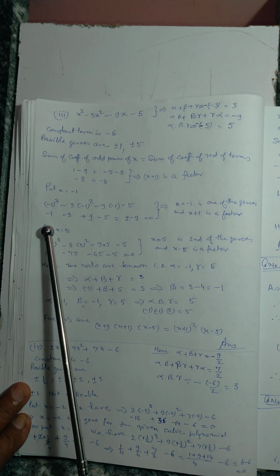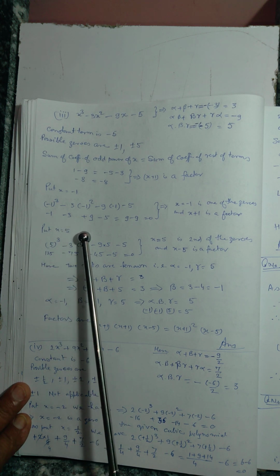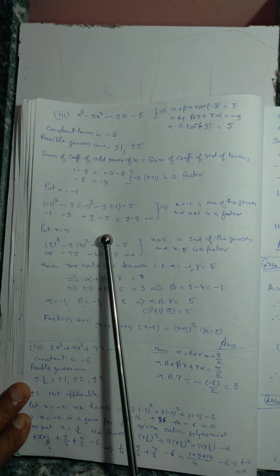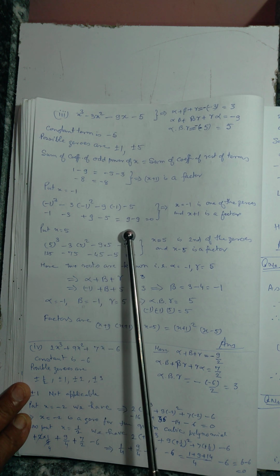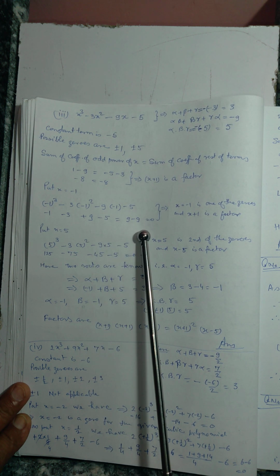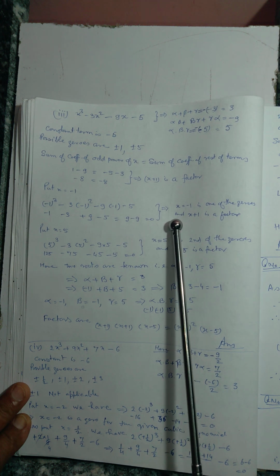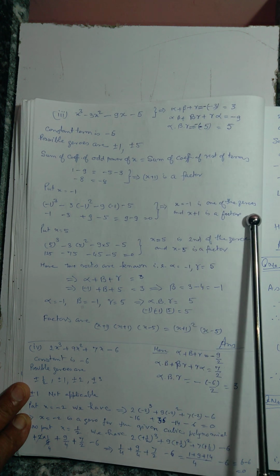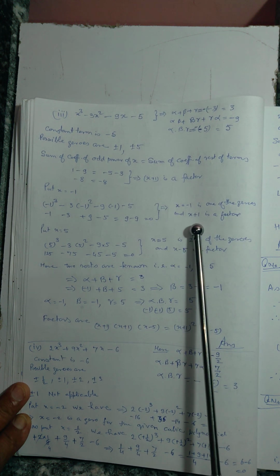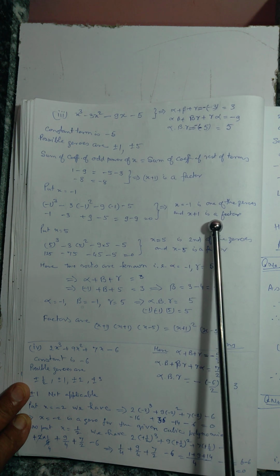Here solve it, you will get minus 1 minus 3 plus 9 minus 5. You will get 9 minus 9, that is equal to 0. Therefore, x is equal to minus 1 is one of the zeros and x plus 1 is a factor.